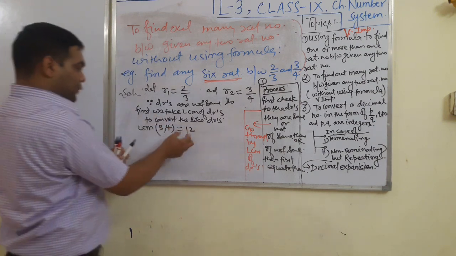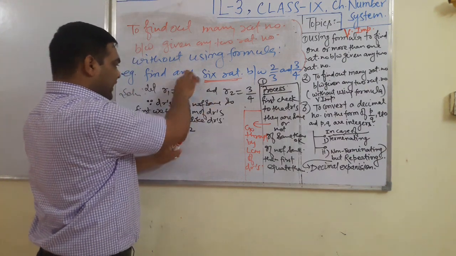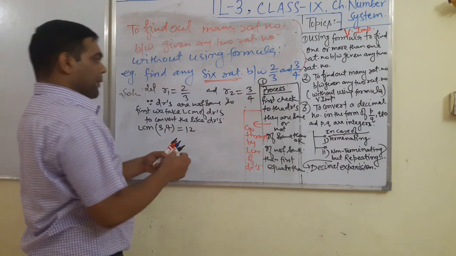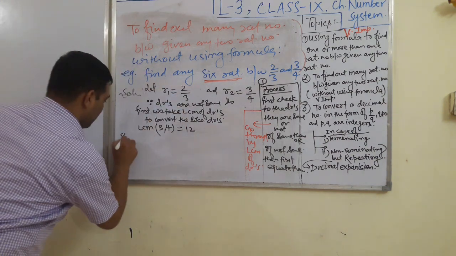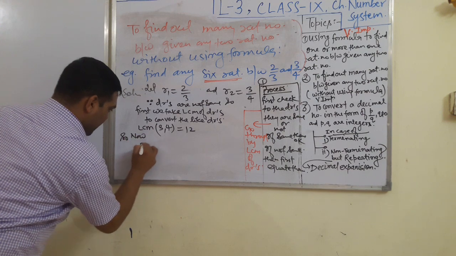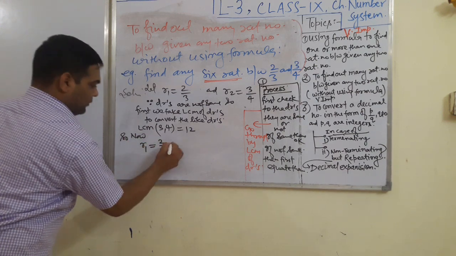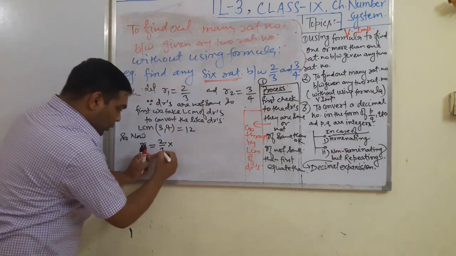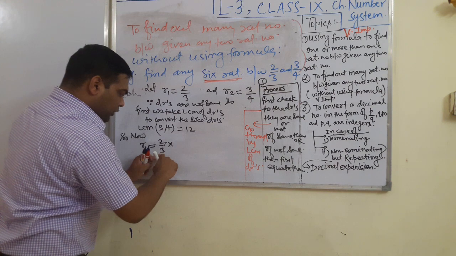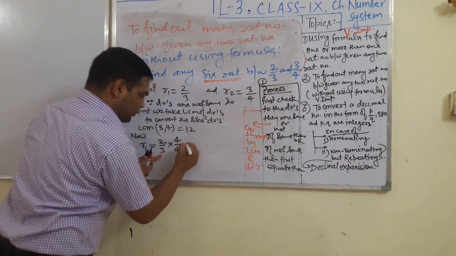Now we have to maintain 12 as the denominator in these two given rational numbers by using the concept of multiplicative identity. So now R1, which is 2 by 3, becomes, see, we want 12 in the denominator, so by what number will we multiply 3? By 4. So we multiply numerator and denominator both by 4.